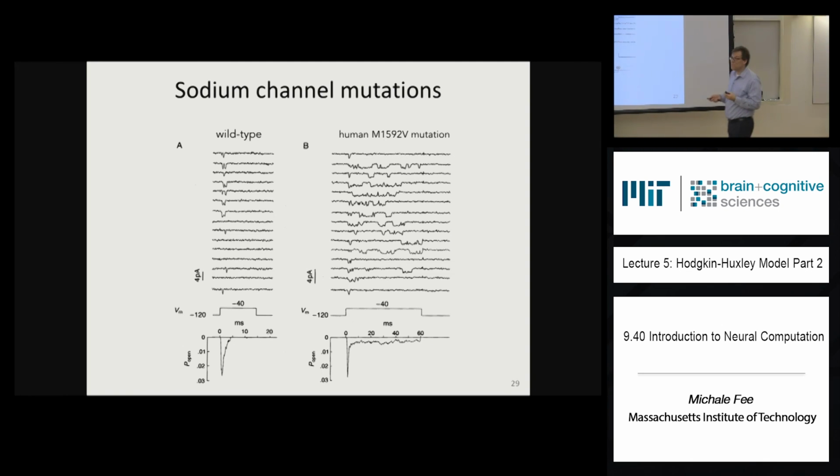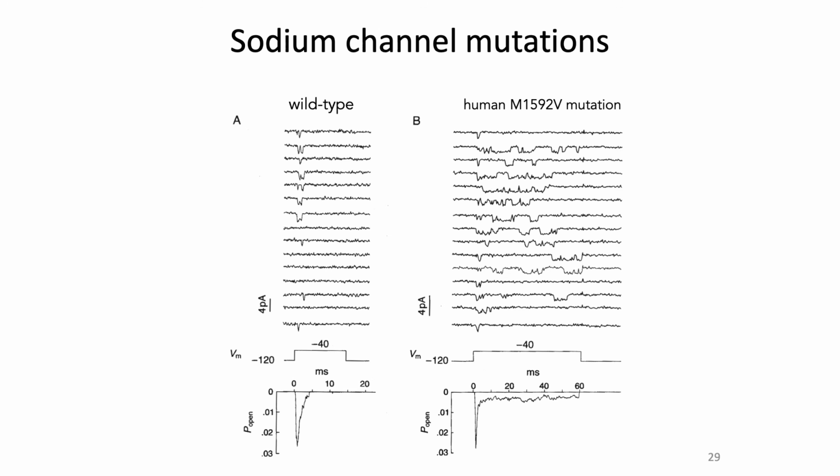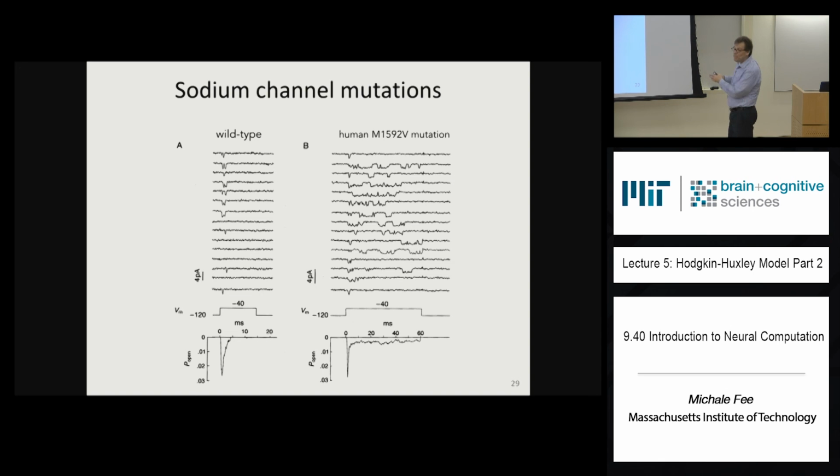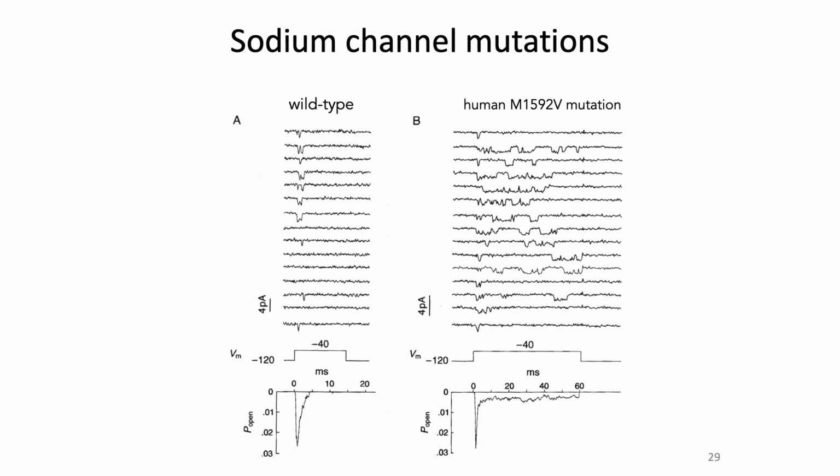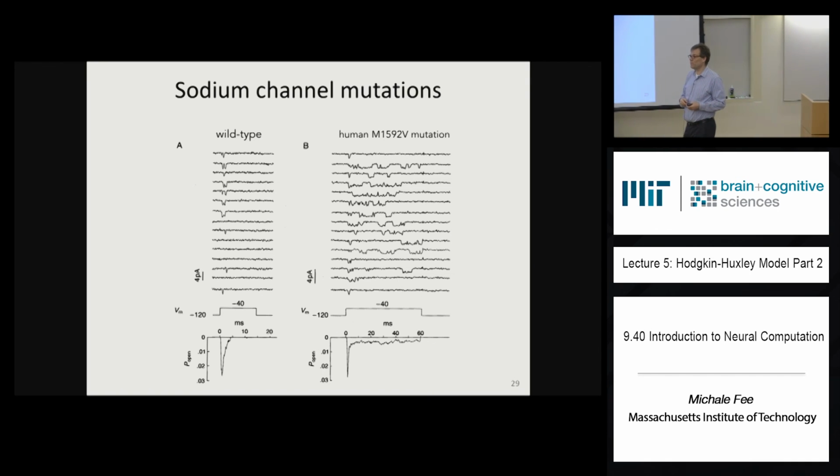But in the muscle fiber that has this mutation, you get this burst of openings right at the time of depolarization, but you keep getting openings at later times. And if you plot the average current over many trials, you can see in normal fibers there's this very brief pulse of opening, and in muscle fibers with the mutation, there is a constant, extended, high probability of that sodium channel turning on, opening up.